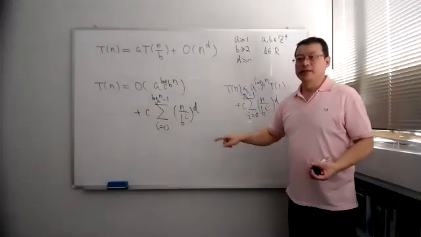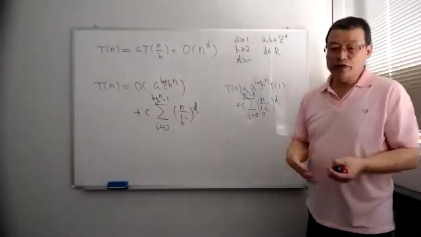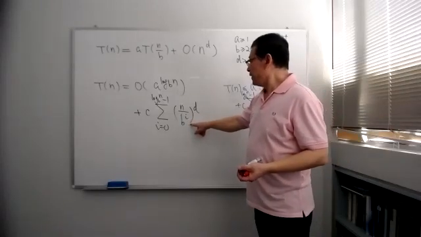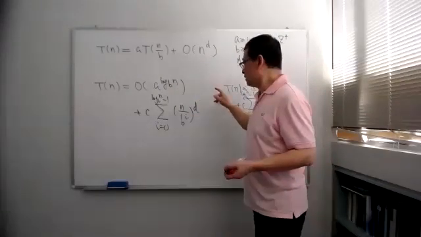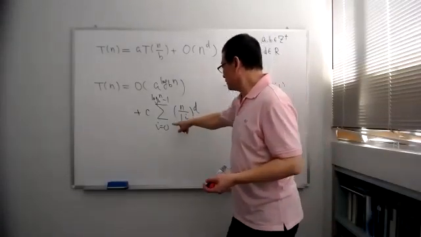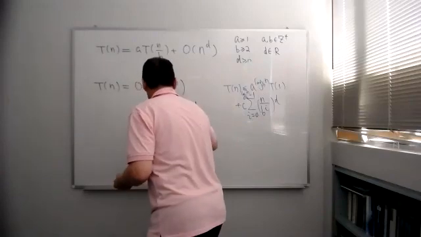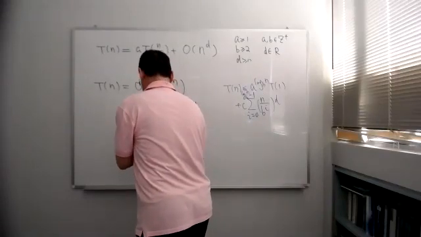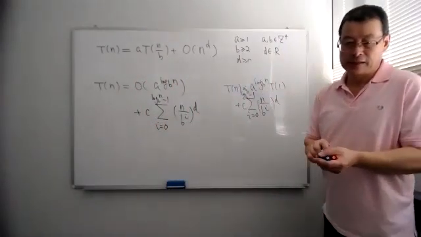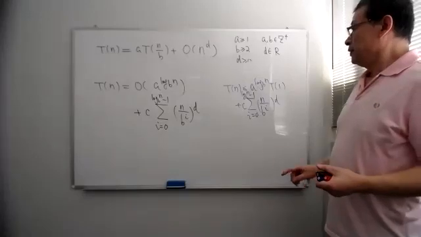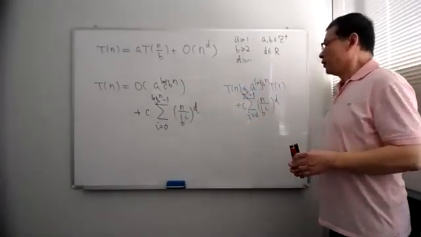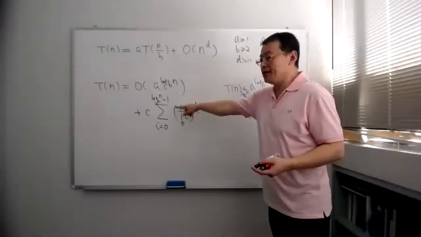Okay. So whether this summation converges or not depends on the value a and this one. Depends on the i. So this part, this sequence, actually n^d can be taken out.